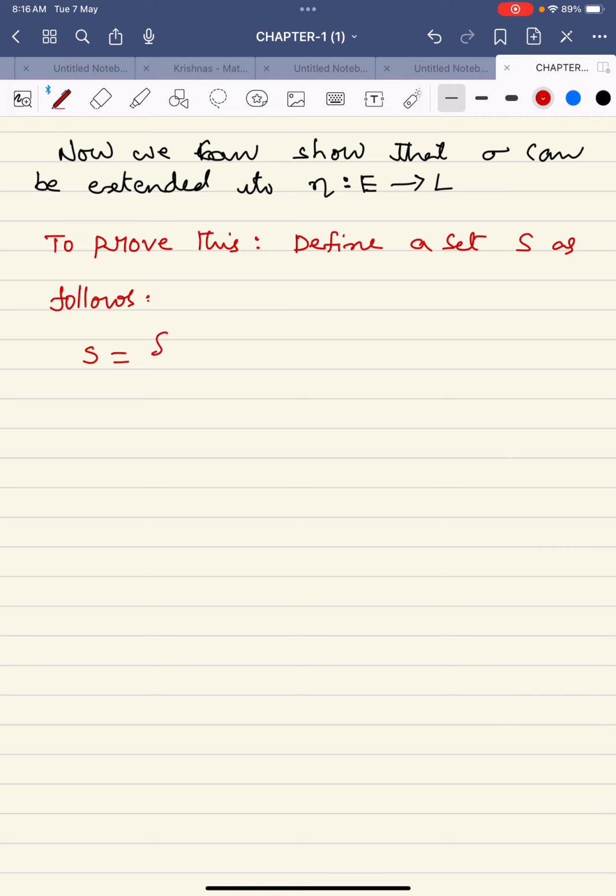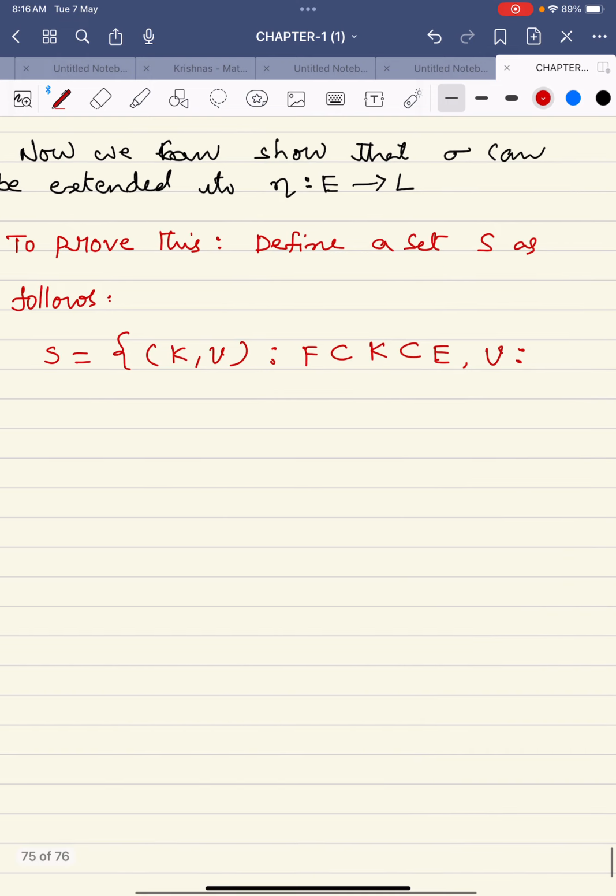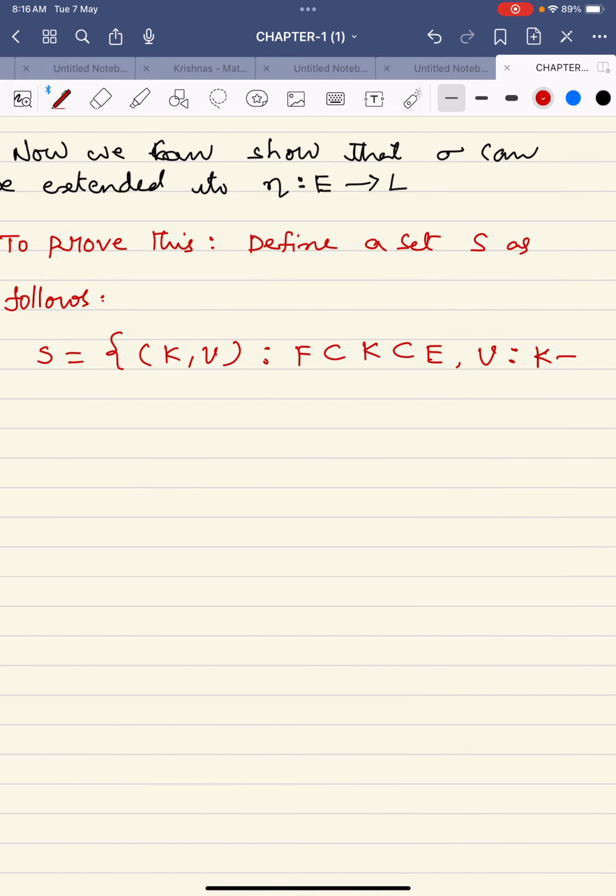Capital S is equal to the set of all ordered pairs K comma V such that F is a subset of K, which is a subset of E, and V maps K into L as an embedding.